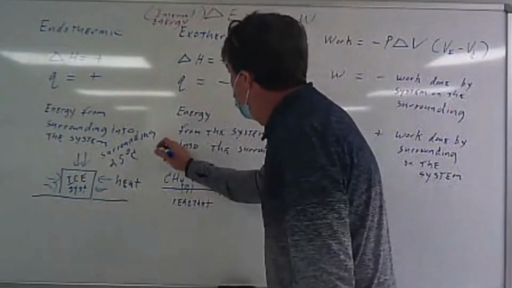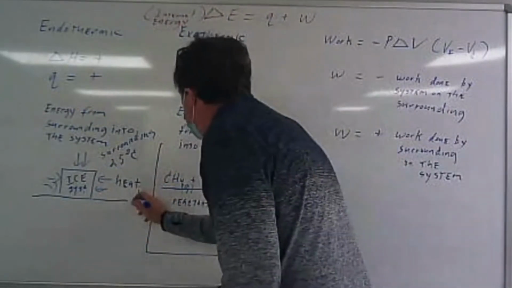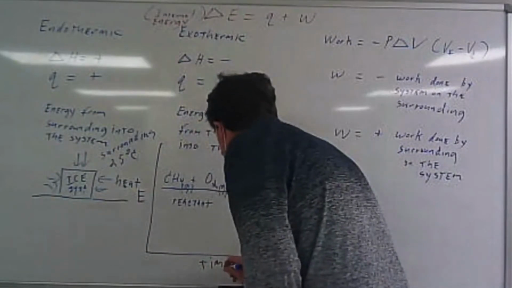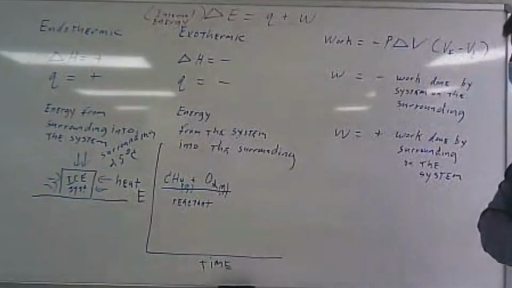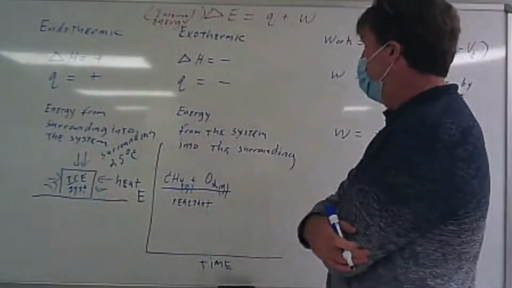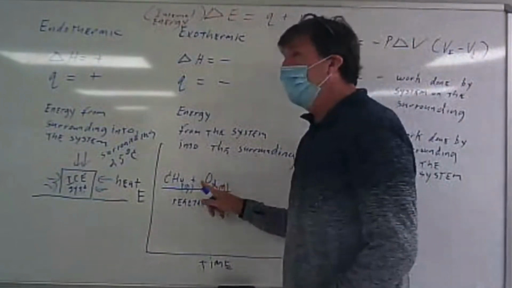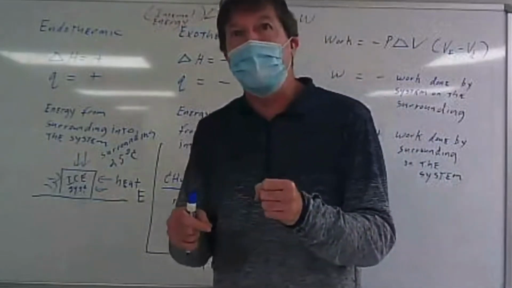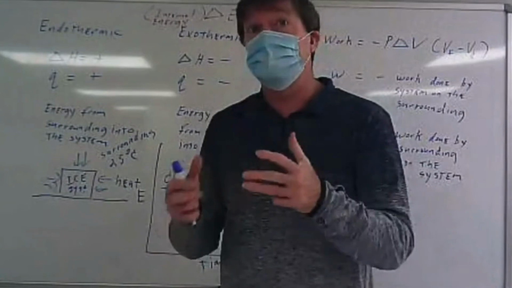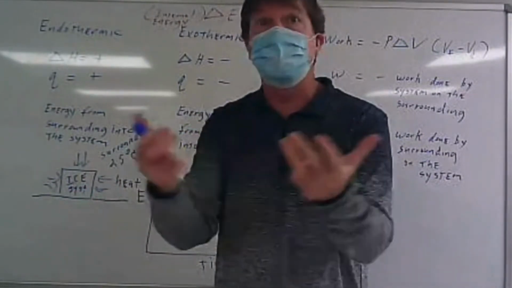And we're going to do a little energy diagram here. So we'll put E here for energy, and we'll put time down here. Now, just on a qualitative level, if you pump in some methane gas and let a little air in, which has oxygen, and you spark it, it's going to explode, release heat and light, and the heat's going to travel from your little container to the outside world.